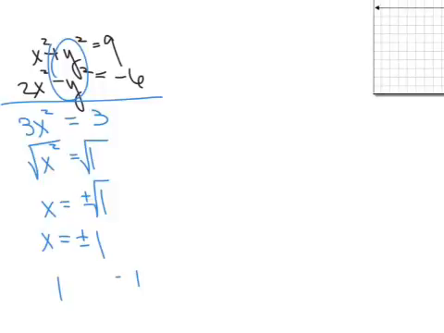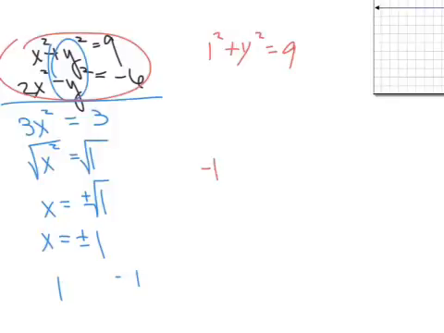So let's take all that information and plug it into the original problems that we have up here. Let's plug it into the top one. We're going to plug a 1 in, and then we will plug negative 1 in. We'll do both of those.